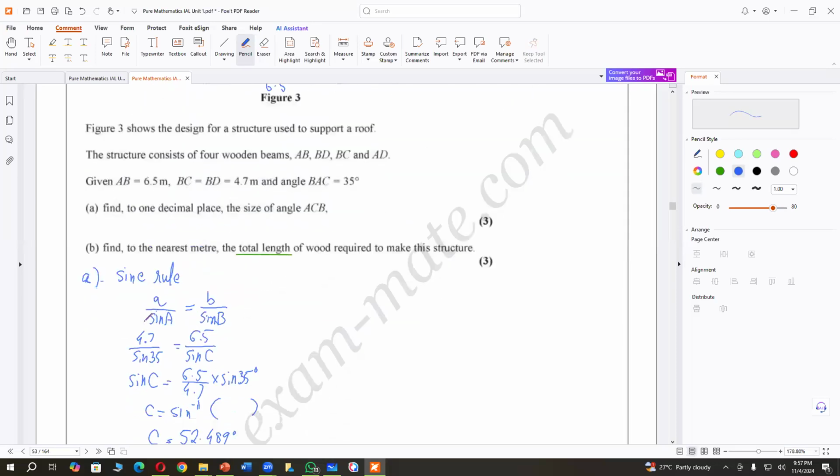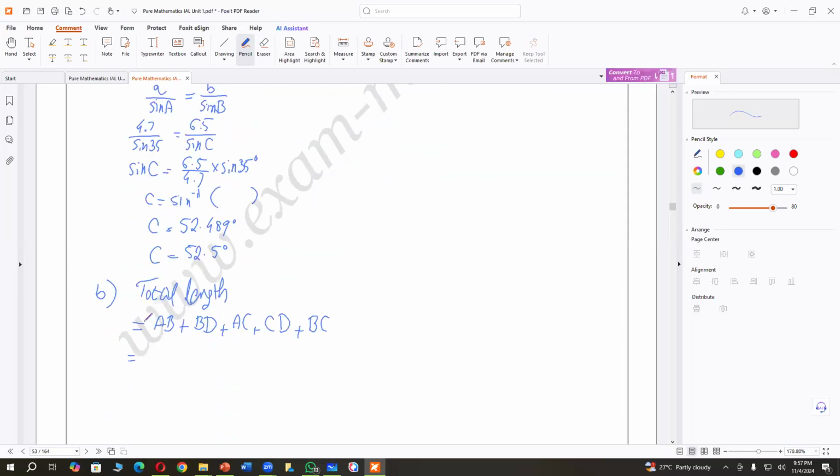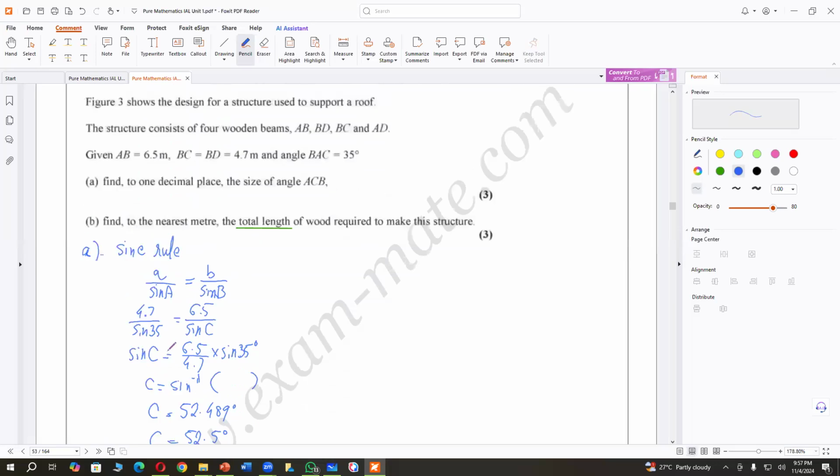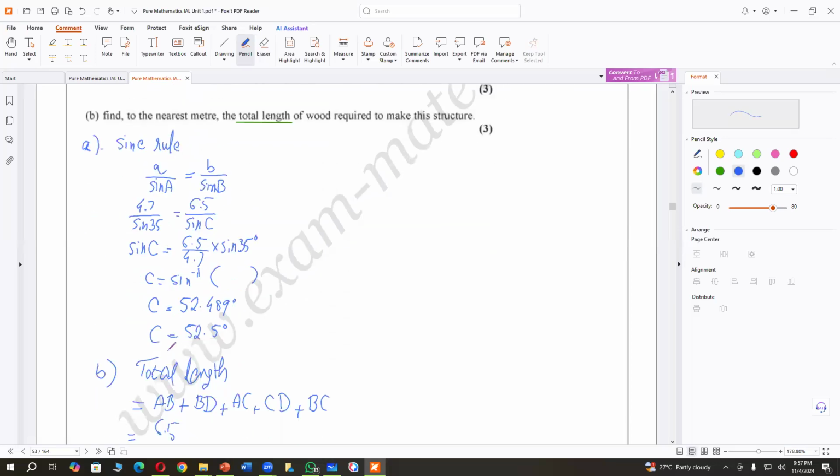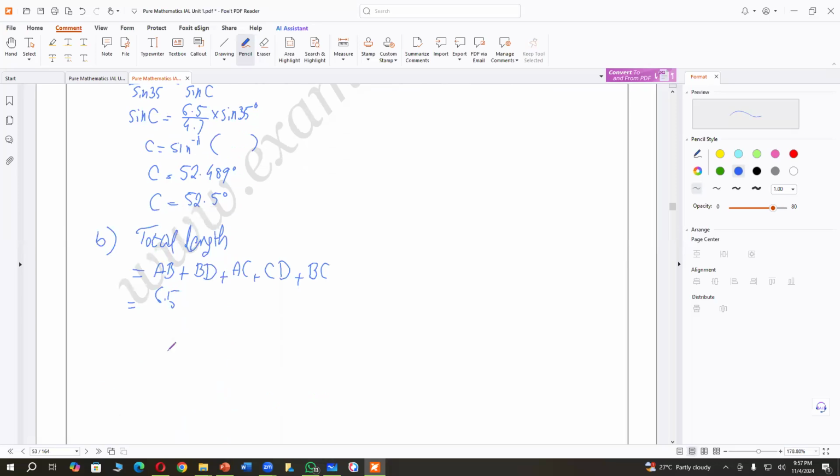Now, what sides do I have already? I have AB as 6.5, and BC and BD 4.7.